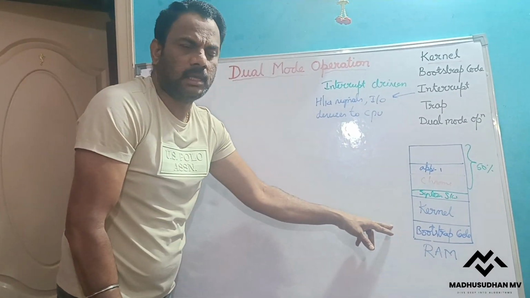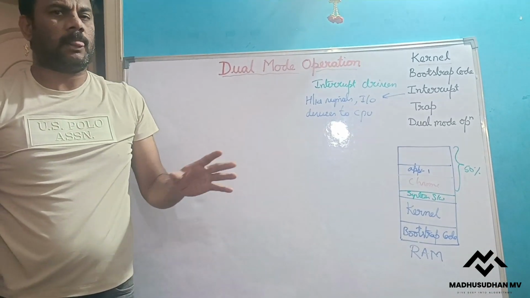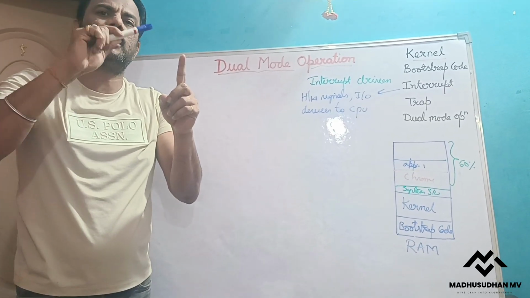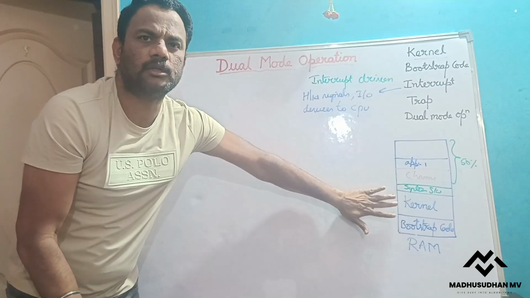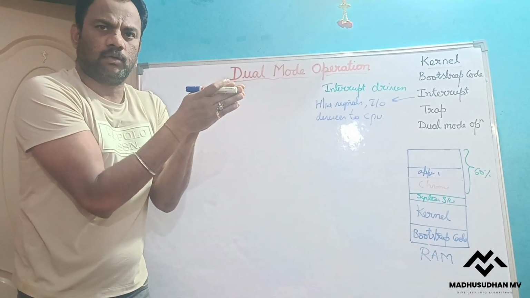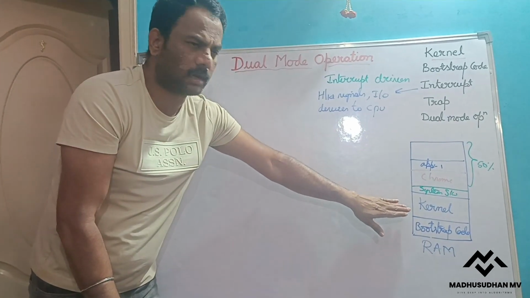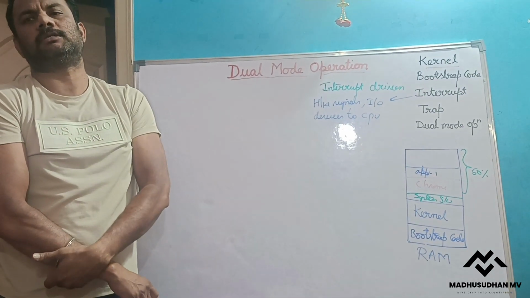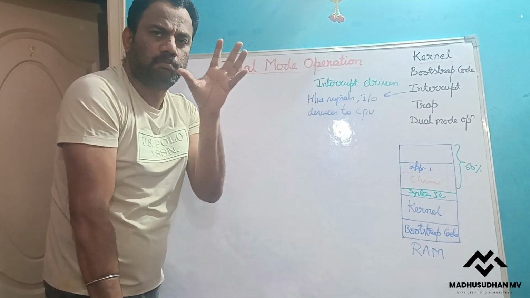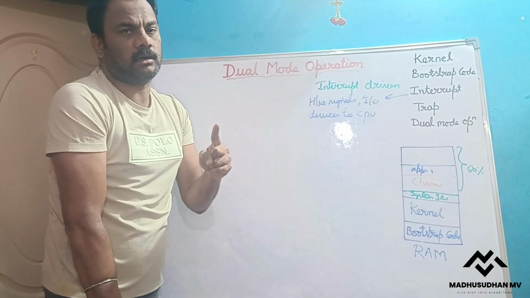When both are sharing, any one program, generally a user program, may harm other user programs or it may harm our operating system, that is the kernel. Suppose data present in one user program harms or damages the hardware or the kernel, then our operating system is going to crash. So our operating system has to make sure which program is executing, whether it's a user program or a system program.